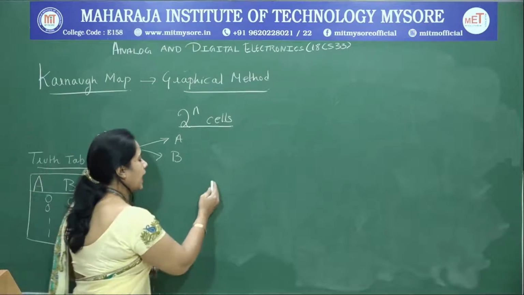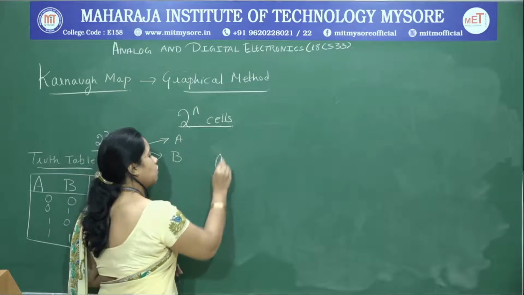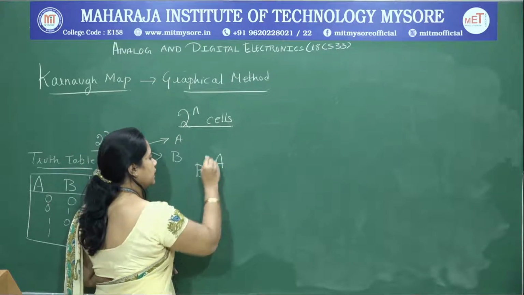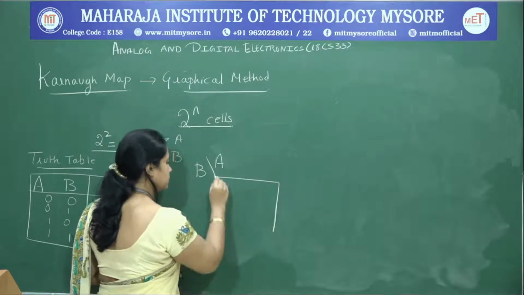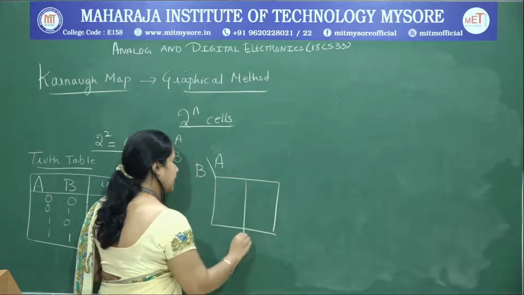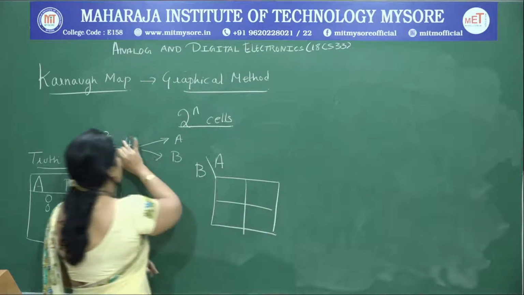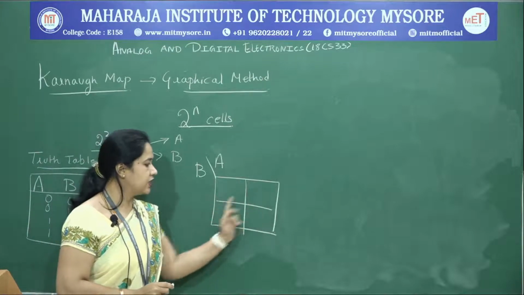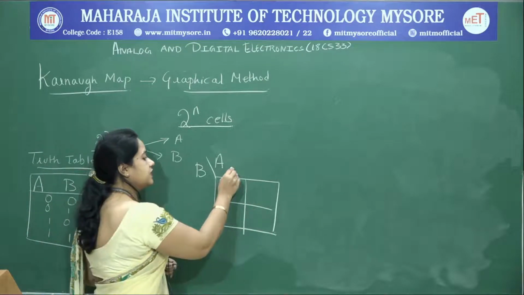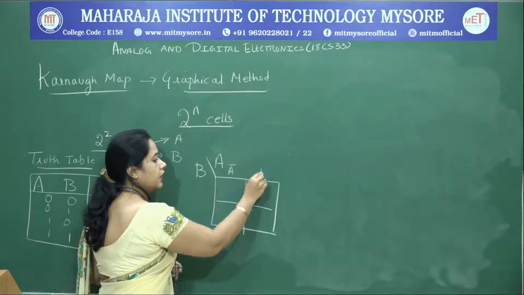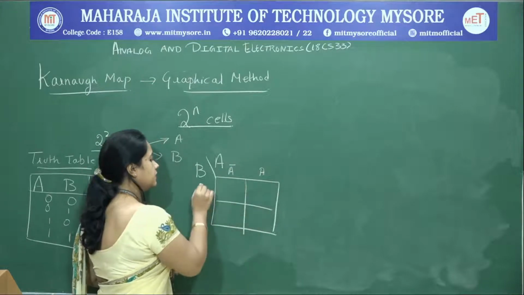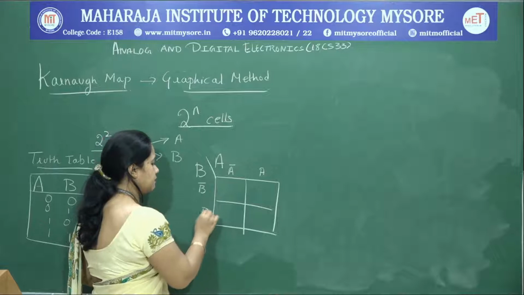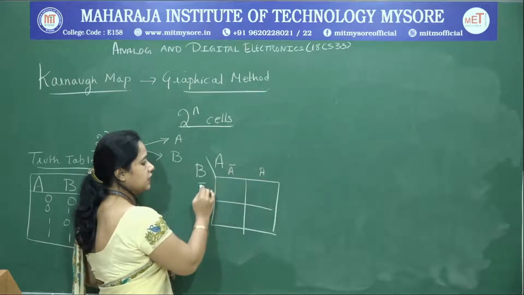You can have A on one side and B on the other side. Because it is 2 variables, we end up getting 4 cells. These are the 4 cells, and first comes here A bar, and then A here, B bar and B. So this is representing 0 0.